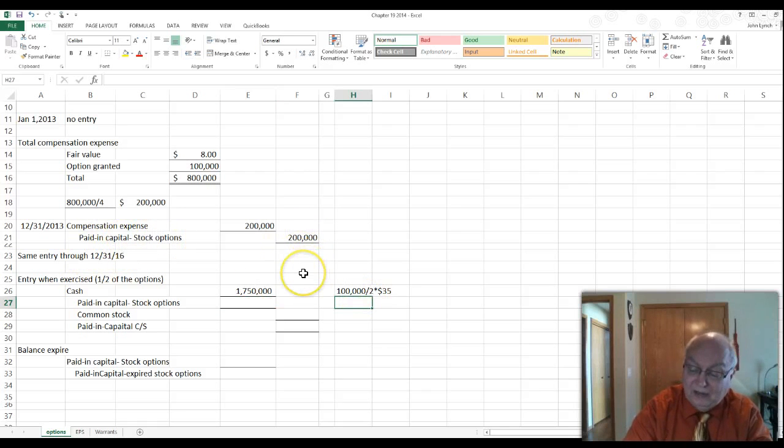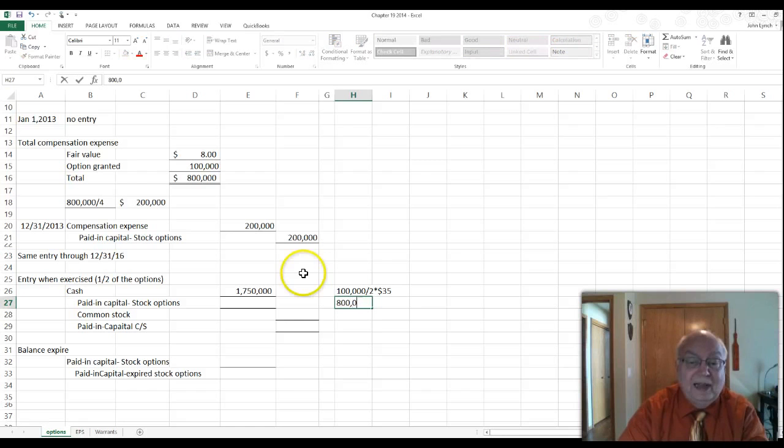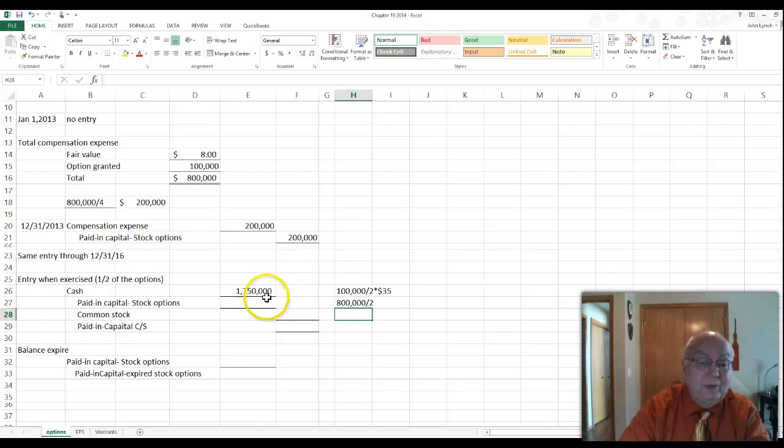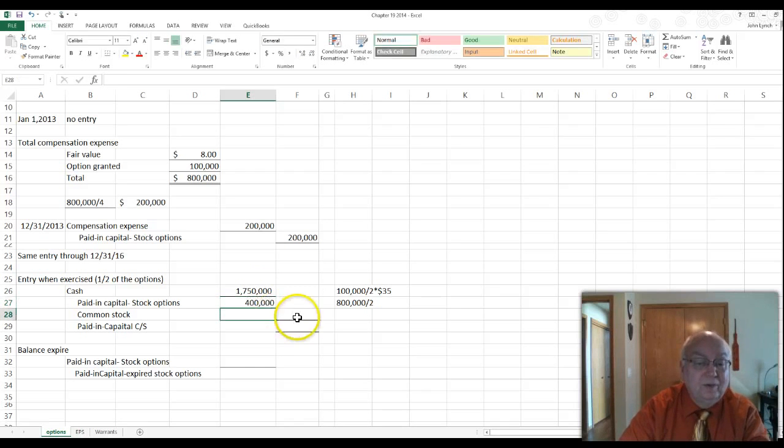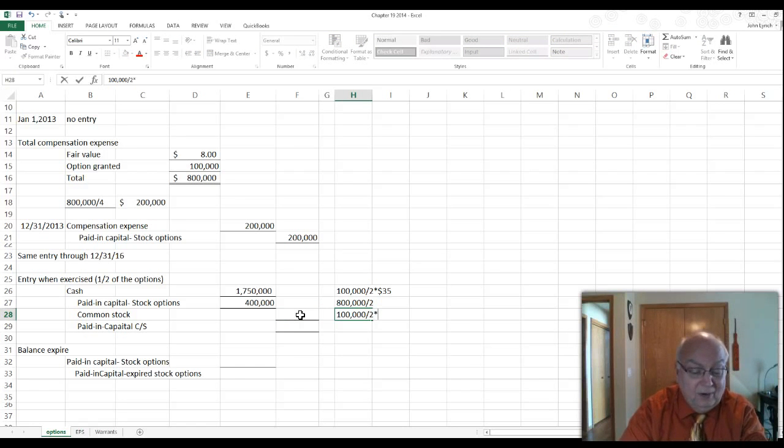Okay, for the paid-in capital for stock options, that's this one right here. Now that's up to 800,000 now. So we would take the 800,000 and we exercised half of it. So this would be equal to 800,000 divided by 2, or 400,000. The common stock, well, we had options for 100,000 shares, and we said they exercised half of them, and they were $1 par value.